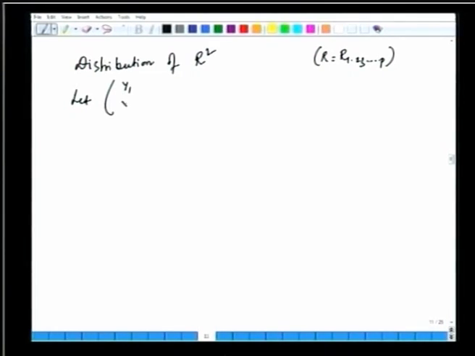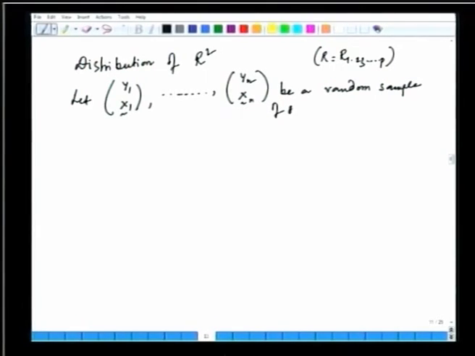Okay. So, the distribution of r square: let y1 augmented with x1, and so on up to yn augmented with xn, be a random sample of size n, right.